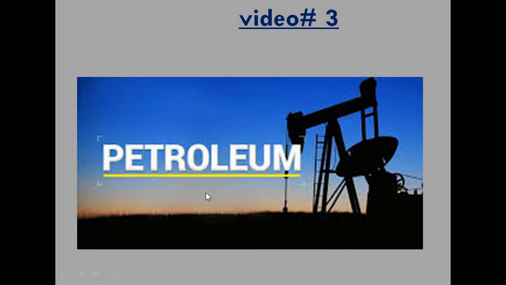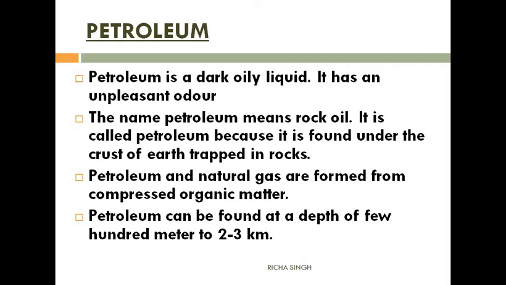You all know that petroleum is a sticky or viscous liquid. It is of dark color and it has a peculiar smell, a peculiar fragrance or odor. It is processed from under the earth, about 2 to 3 meters down it may be, or at a depth of a few hundred meters depending upon its availability.